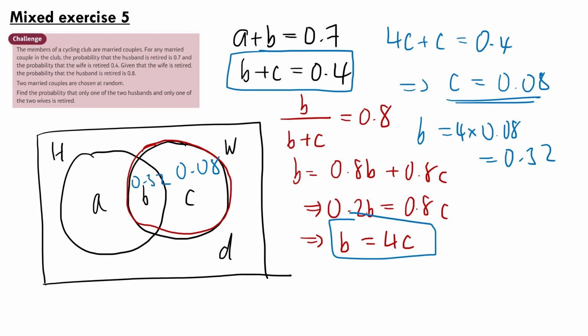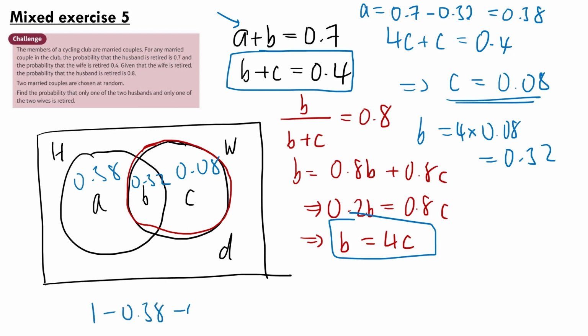And finally, we can find the value of A using the top equation. So A equals 0.7 minus B, which is 0.32, so that is equal to 0.38. And finally, to find the probability D, we do 1 minus 0.38 minus 0.32 minus 0.08 to get 0.22. And that is our Venn diagram complete.